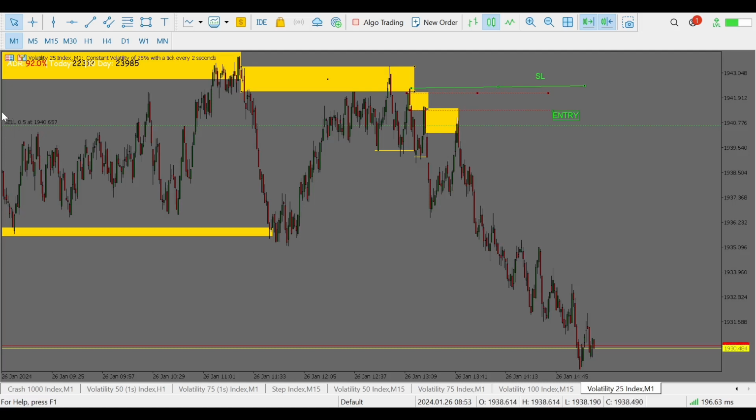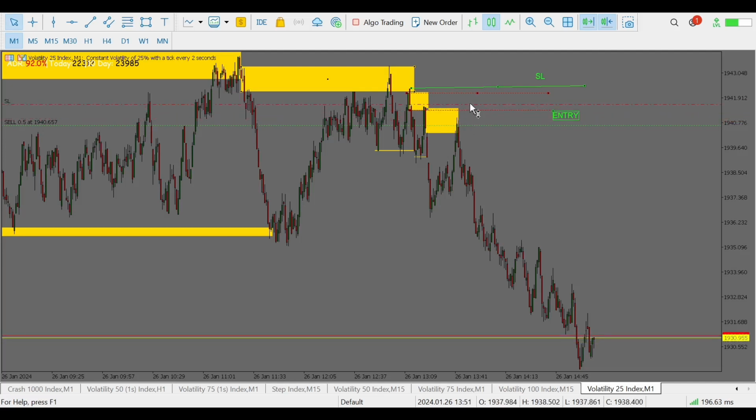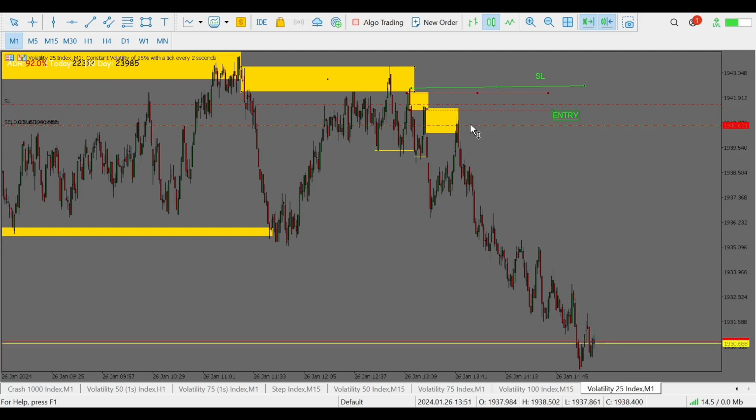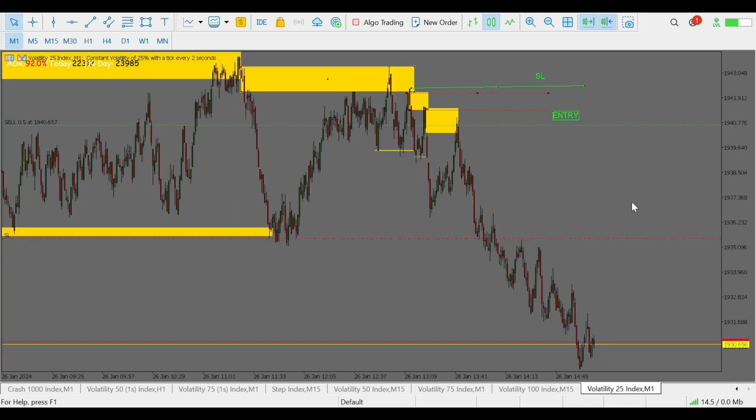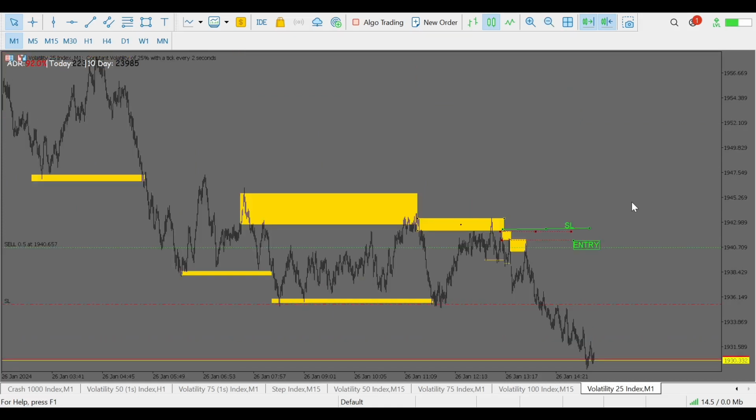This sell position was made off this order block. Our stop loss was slightly above here, but because our trade is now in profit, we shifted it to break even. Now it is much deeper in profit, we can move our stop loss to somewhere halfway so that a pullback doesn't take all our profits.